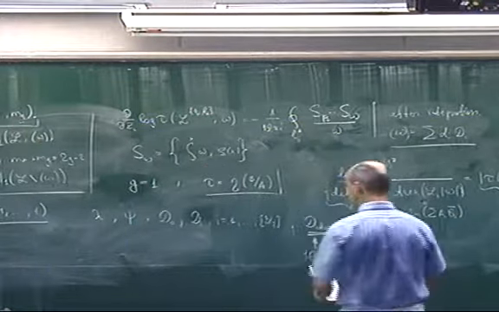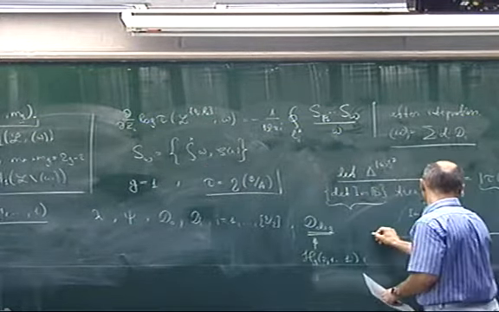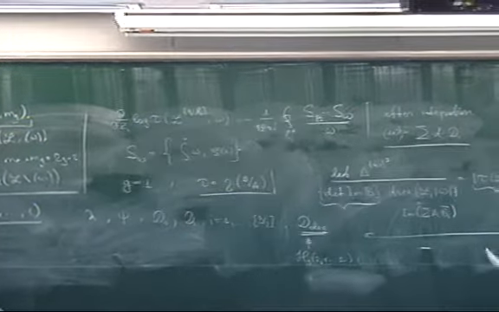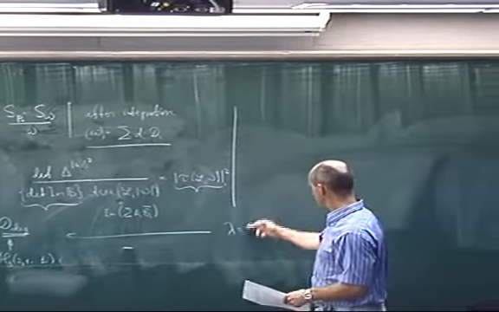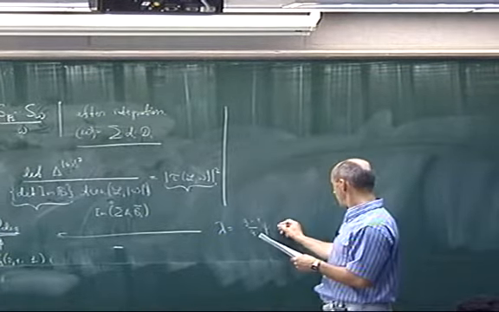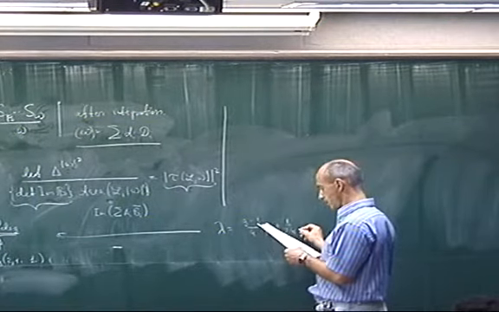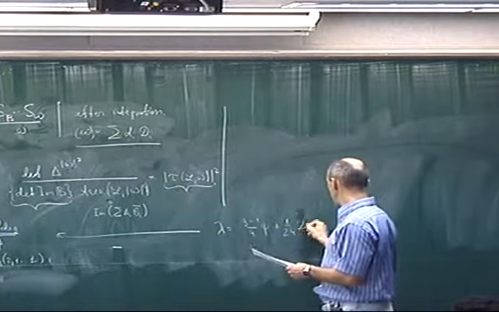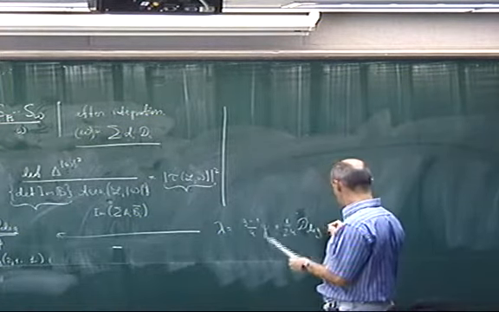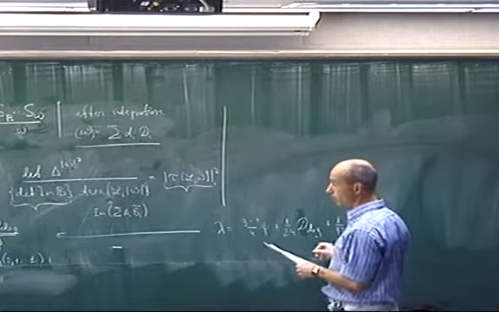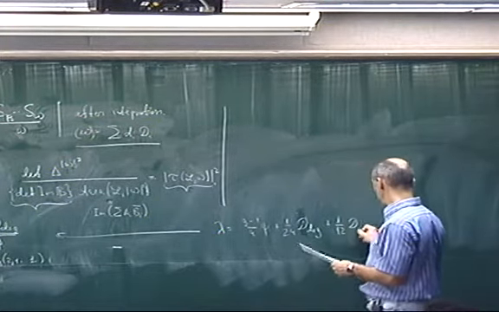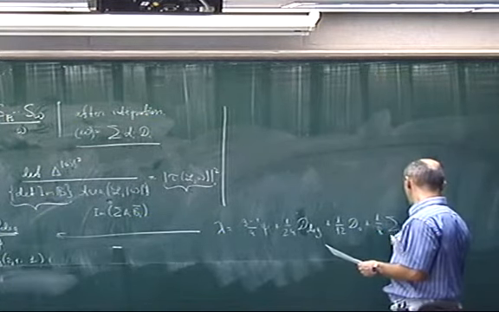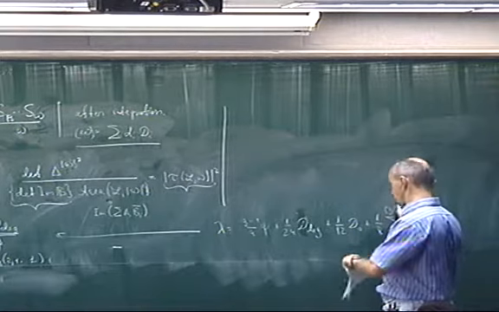Well, the formula which you get here looks as follows. Lambda is equal to (g minus 1) over 4 psi, so this is just the homogeneity coefficient, plus 1 over 24 delta, or I wrote there d deg, plus 1 over 12 d_0, plus 1 over 8 sum of d_j from 1 to the integer part of g over 2.